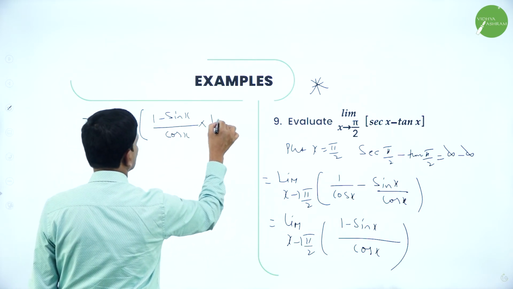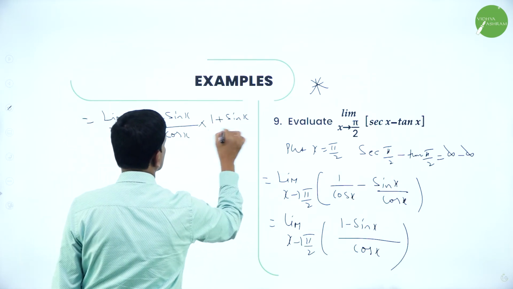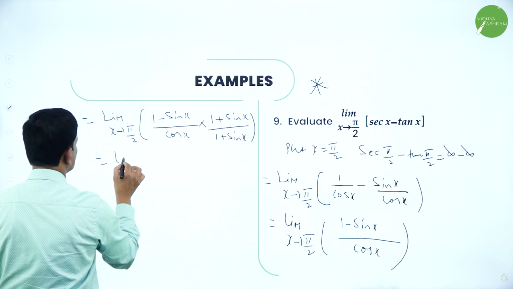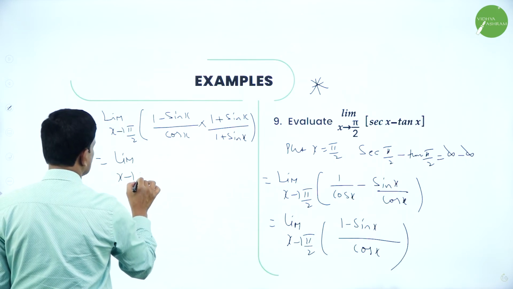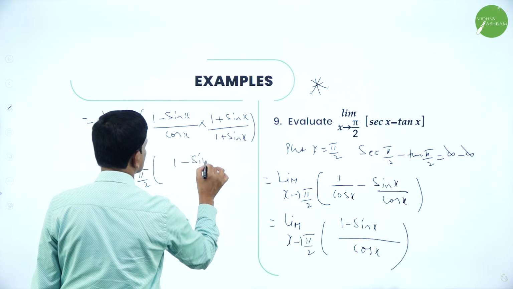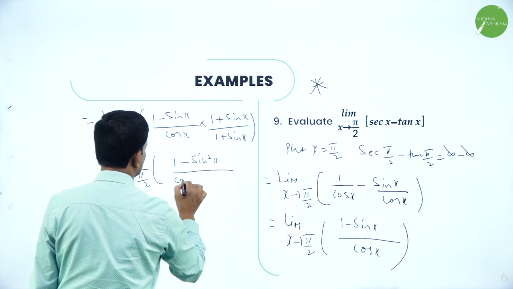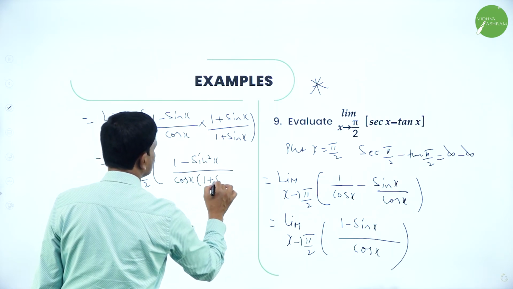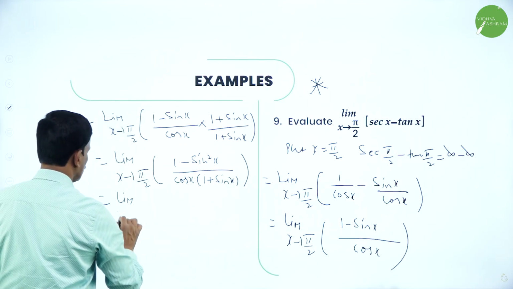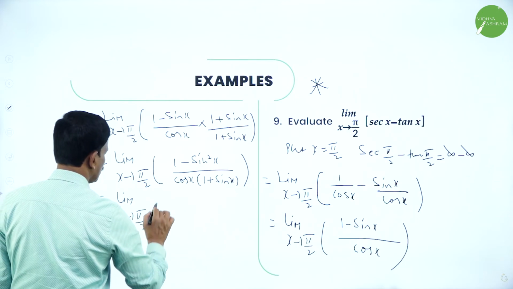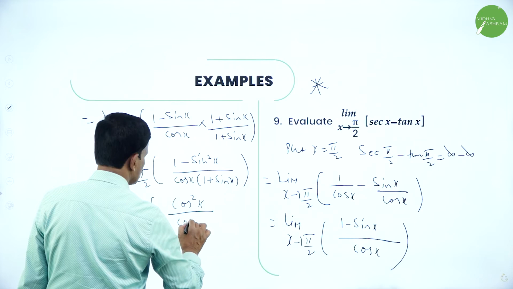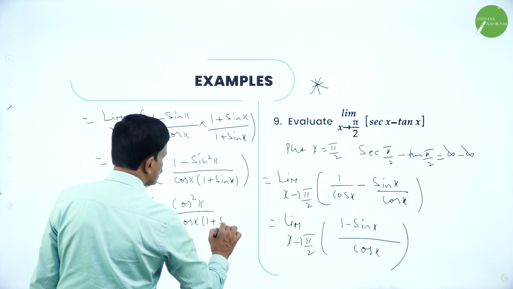Just multiply and divide by 1 plus sin x by 1 plus sin x. So this is equal to limit x tends to pi by 2 of 1 minus sin square x divided by cos x into 1 plus sin x. 1 minus sin square is cos square x divided by cos x into 1 plus sin x.